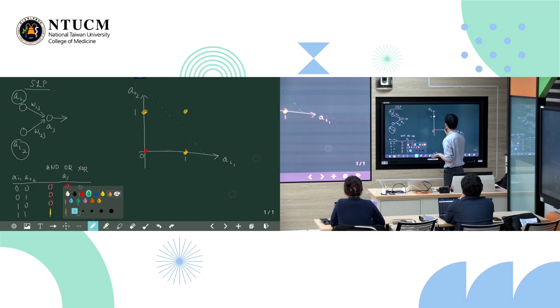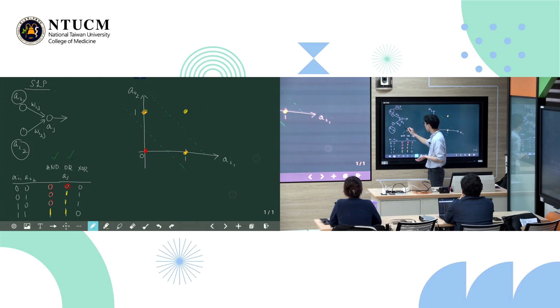You can see clearly that all I have to do in this case is shift my criteria boundary a bit lower, and I can still separate the yellow dots from the red dots with one straight line. So in both these cases, these are linearly separable.